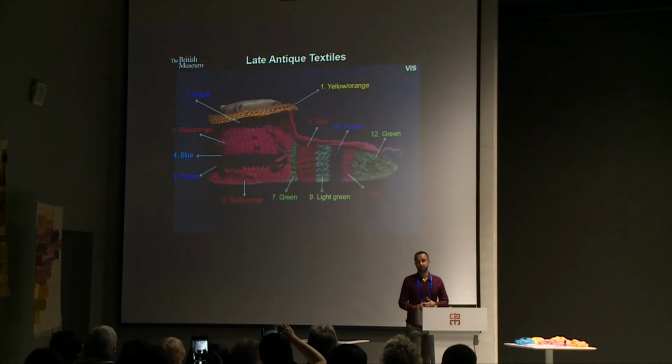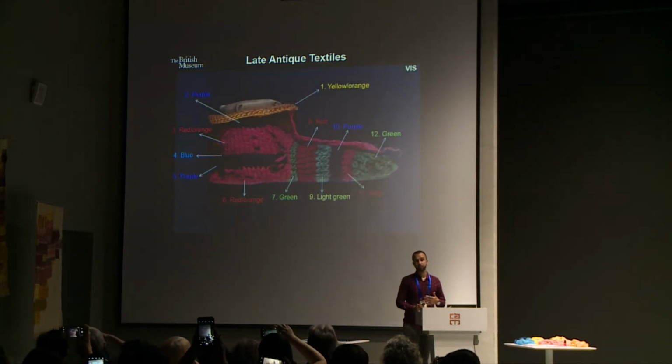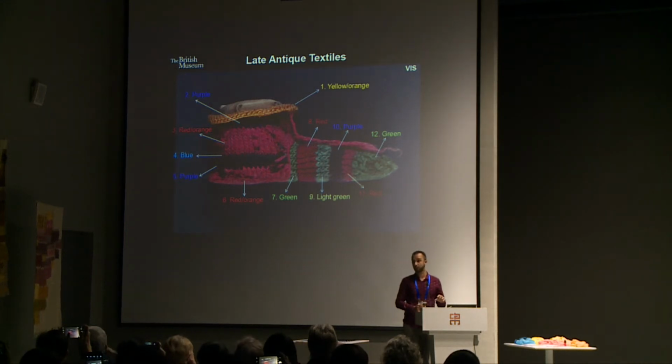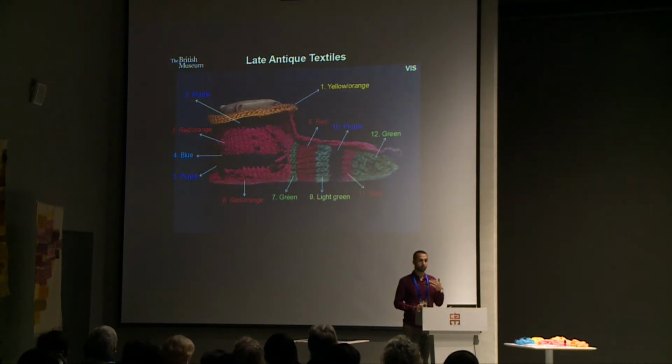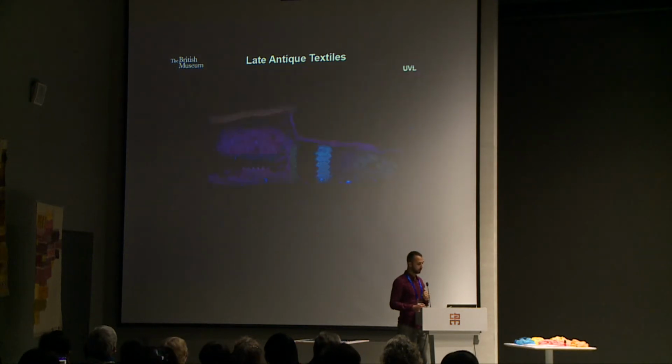So the sock was a very nice object to start with, because it has different colors, but different shades, but the areas are quite defined. There is not too much overlap between the areas, so it was not, let's say, a confusing object to start with.